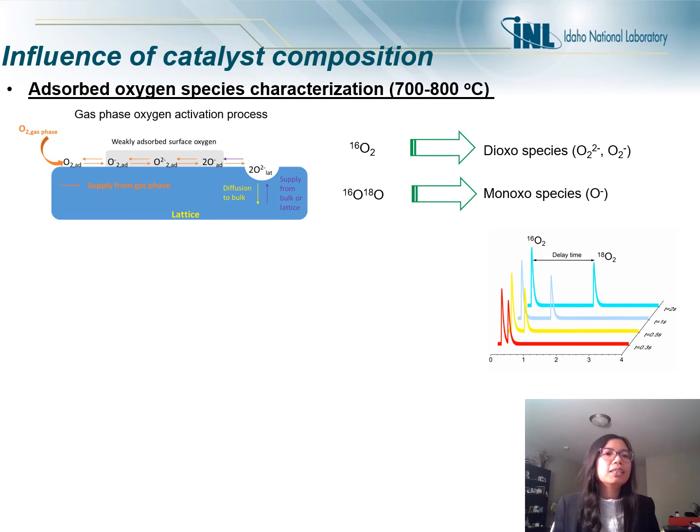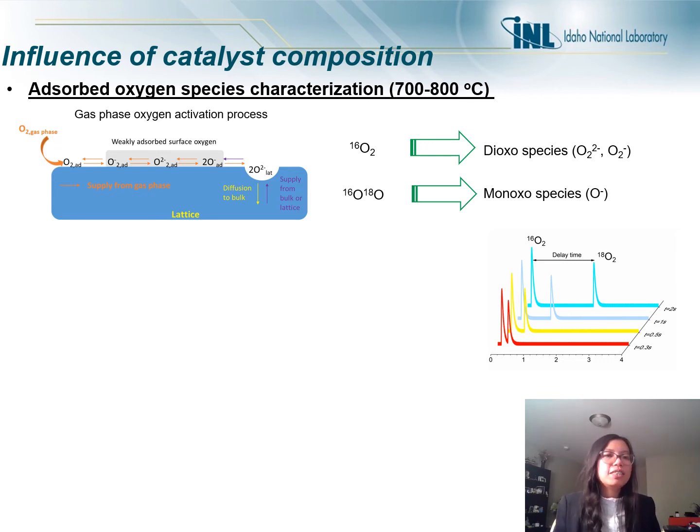We apply a 16O2, 18O2 pump-probe experiment to characterize the type of surface oxygen species. The primary process of 16O2 allows 16O2 to adsorb on the catalyst and form different types of oxygen intermediates.